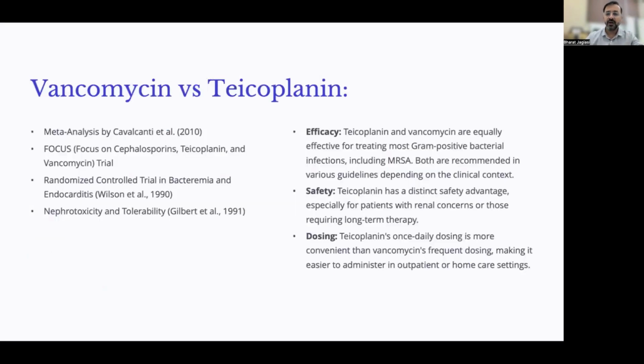So overall, efficacy of teicoplanin and vancomycin are equally good for treating gram-positive bacterial infection, including MRSA. Teicoplanin has a distinct safety advantage, especially in patients with renal concerns, and it's convenient because teicoplanin is once daily dosing as compared to vancomycin, which is frequent dosing.